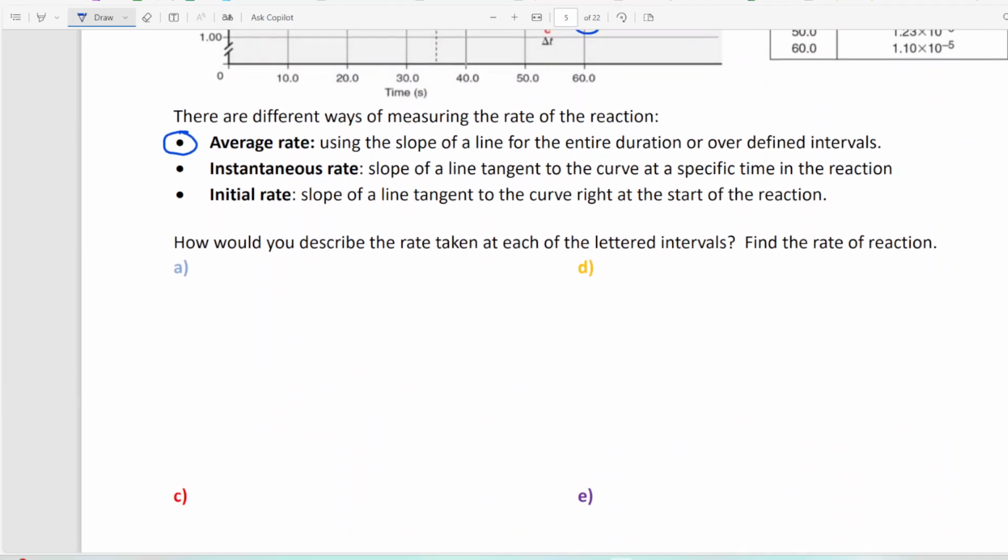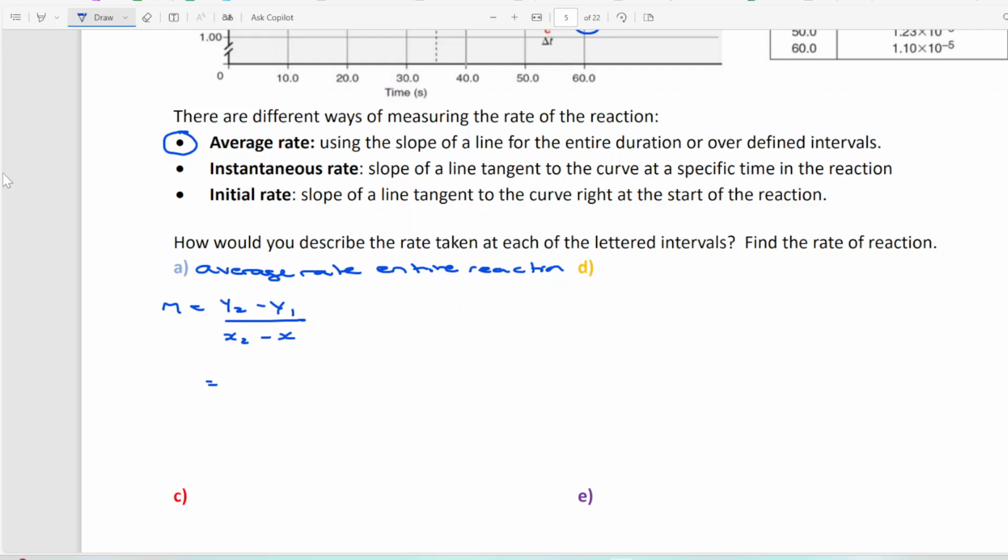Let's look at A. So A is calculating the average rate of the entire reaction. To calculate this, we would calculate slope. Now, hopefully you all know that slope is the change in the y values over the change in the x values.